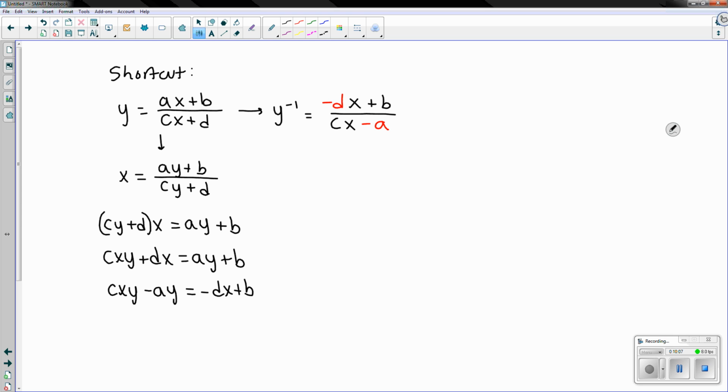We're going to factor out y. And then we divide by cx minus a. And what do we get? But none other than what we thought the shortcut would be. So a really neat, short, condensed way to get a rational function inverse when we have something of the form ax plus b over cx plus d. So these expressions are linear, so just take note of that.